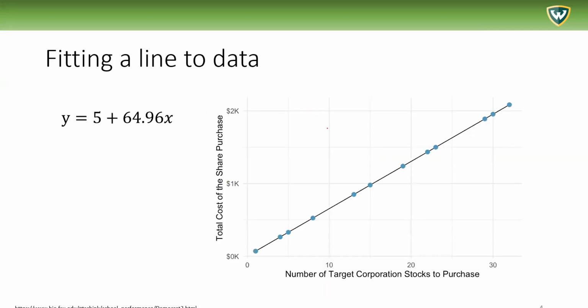So we can fit a line to the data to identify the linear trend of the relationship. Just as we did over here, we can do it with all kinds of data points.